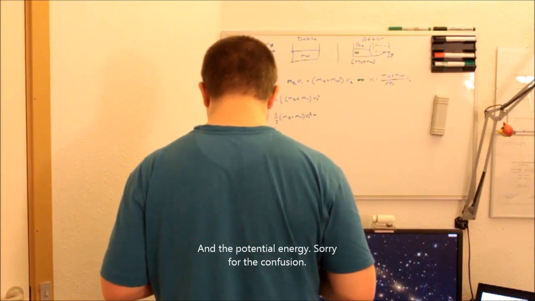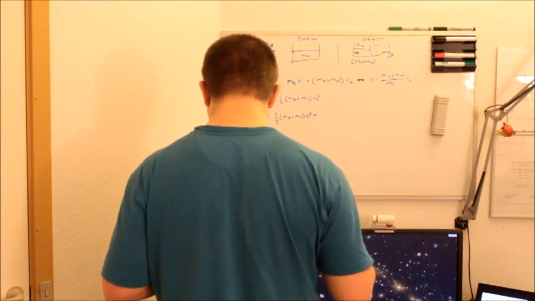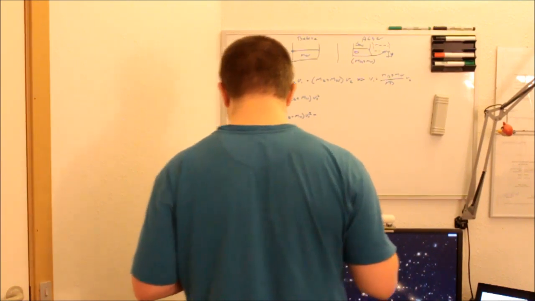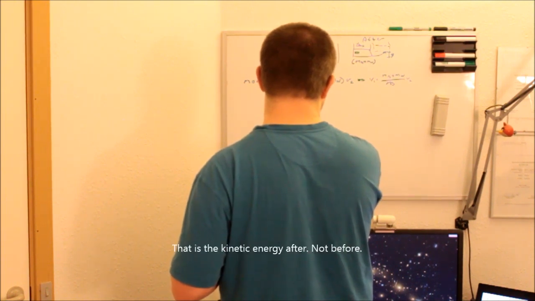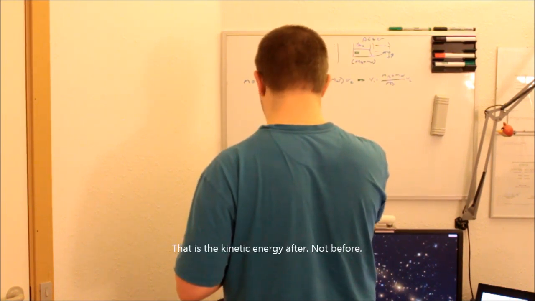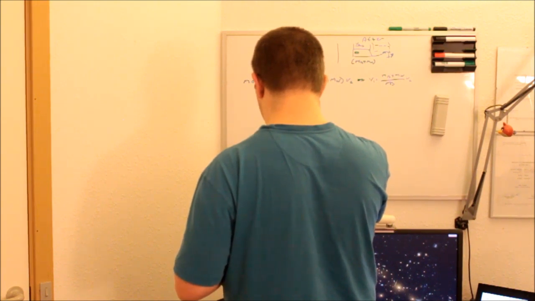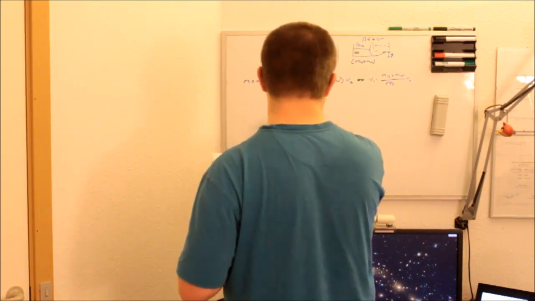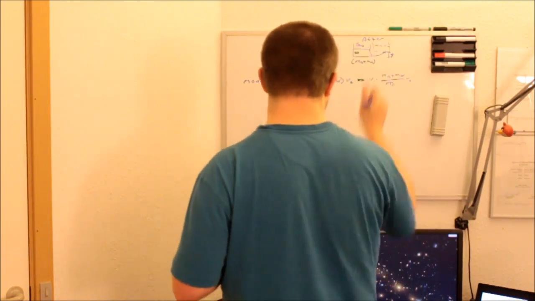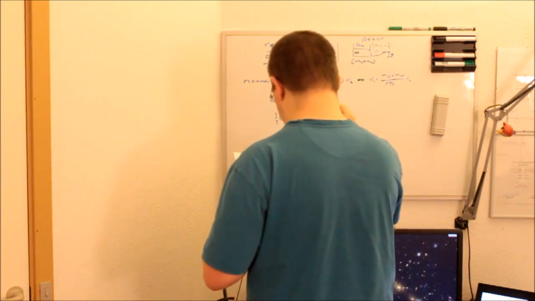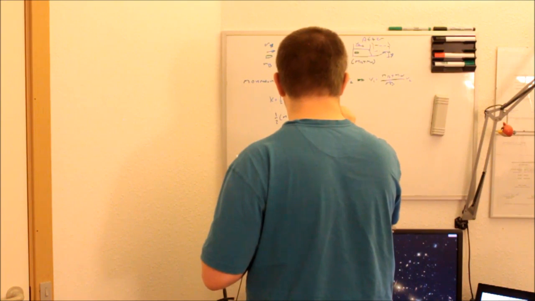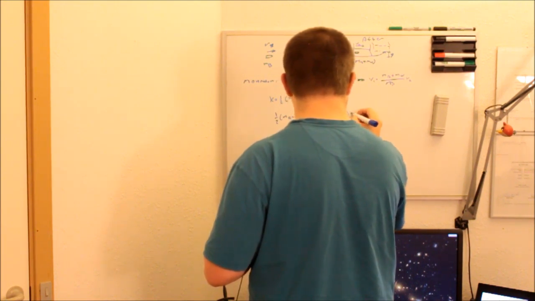And then we can say that the kinetic energy right after is 1/2 the mass of the bullet plus the mass of the wood times V2 squared, and because we look at this system, we can rewrite it to say that it must be equal to the mass of the bullet plus the mass of the wood times gy.